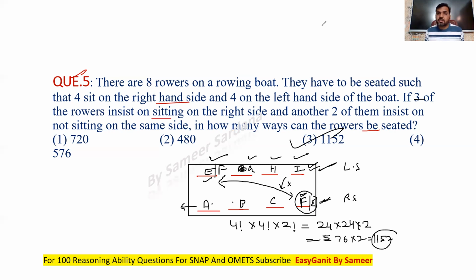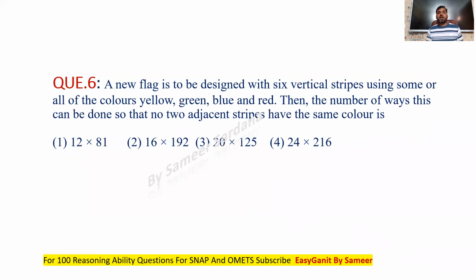Moving on to the next question. Let's move on. Question number 6. A new flag is to be designed with 6 vertical strips using some or all of the colors yellow, green, blue, or red. Okay.